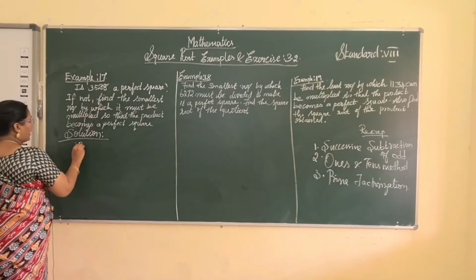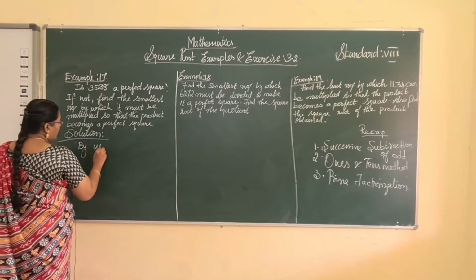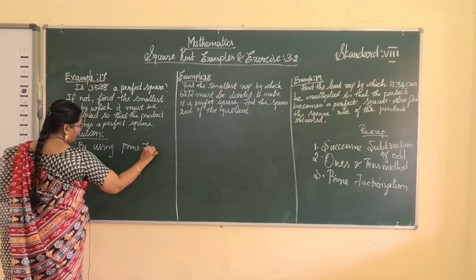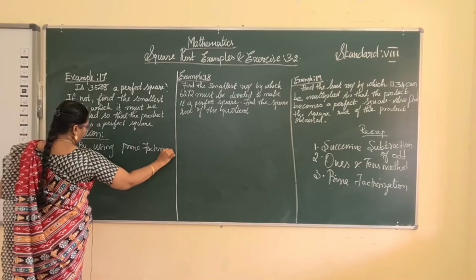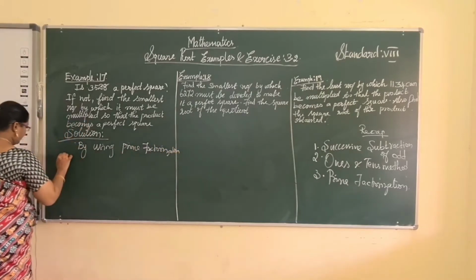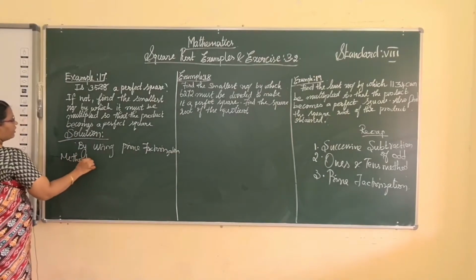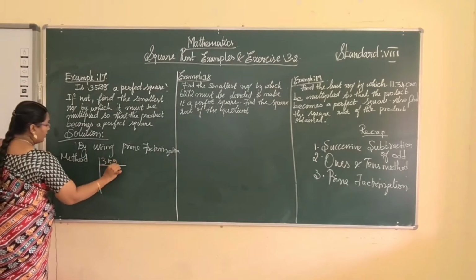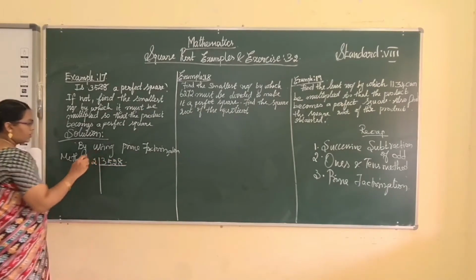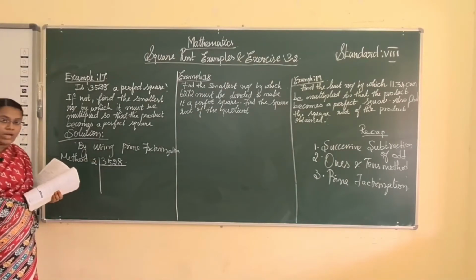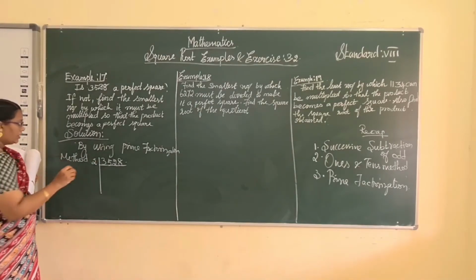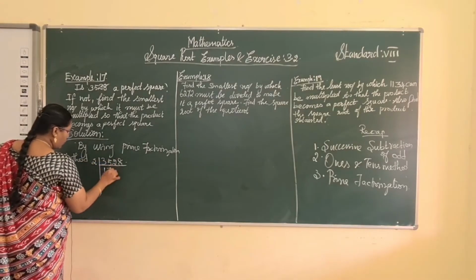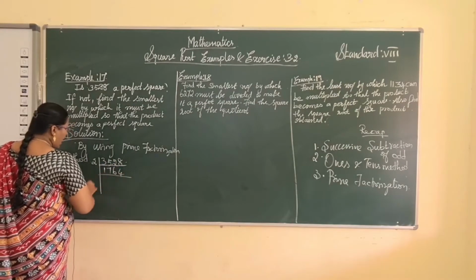By using the prime factorization method, 3528. First we apply the smallest prime number and divide. 2 ones are 2, 2 sevens are 14, remaining 1, 2 sixes are 12, and 2 fours are 8.